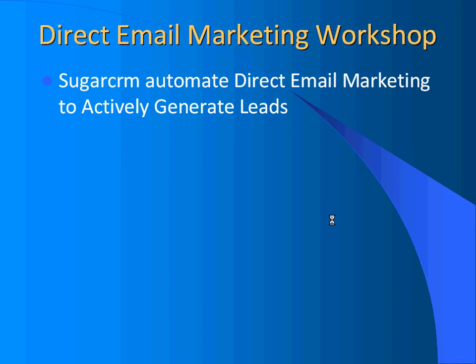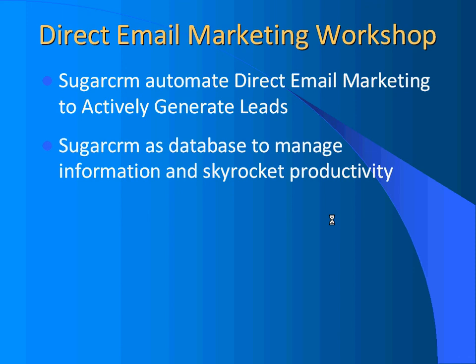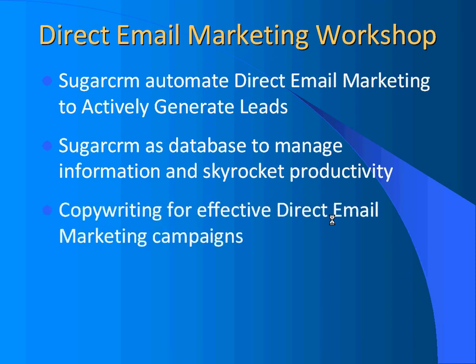Secondly, we teach you how to use Sugar CRM as a database to manage your information and skyrocket your productivity. Last but not least, the workshop includes copywriting for effective direct email marketing campaigns. With these three, we are confident that we can help you boost your lead generation much better than an autoresponder.